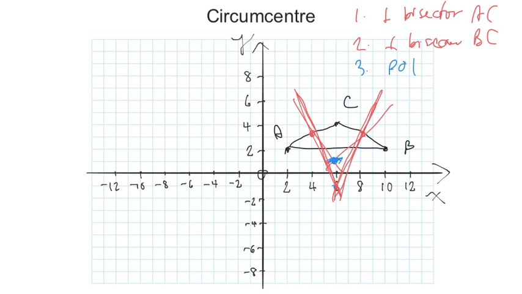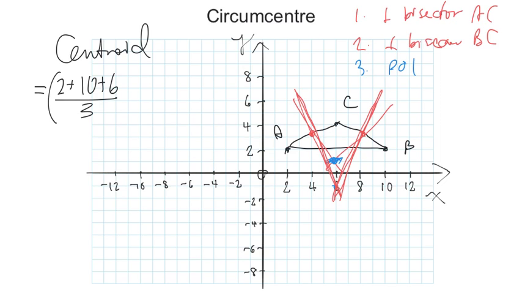So if I did the centroid here, using these same numbers, I would have 2 plus 10 plus 6, all divided by 3. And for the y's, 2 plus 2 plus 4 divided by 3.